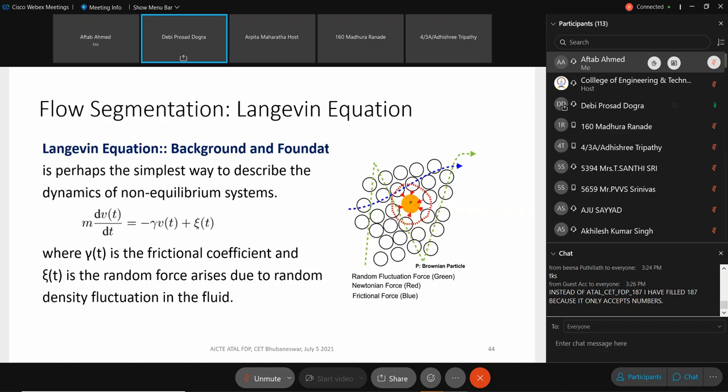I will show you parallelly how they're working. So we adopted a physics-based model, a typical Langevin equation-based model, which actually works on fluid.